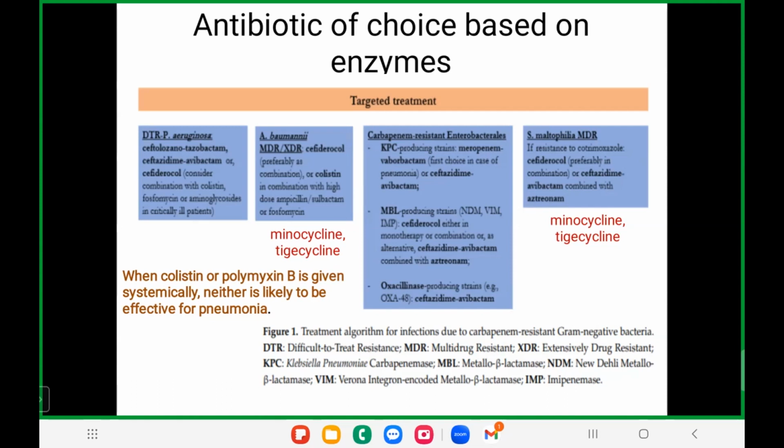And if you don't have any susceptible antibiotic, you need to choose an antibiotic whose MIC is almost equal to the sensitive breakpoint. Say you have two drugs, amikacin and meropenem. The meropenem sensitive breakpoint is 4 and the amikacin sensitive breakpoint is 16. Your MIC for meropenem is 16 and the MIC for amikacin is 32.